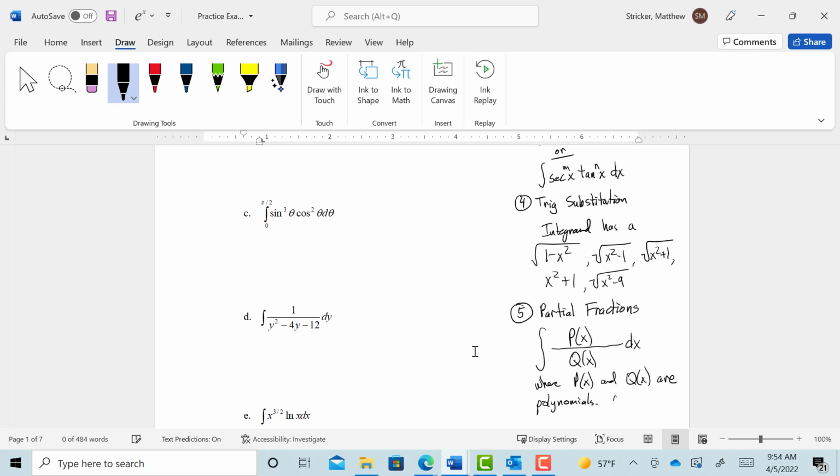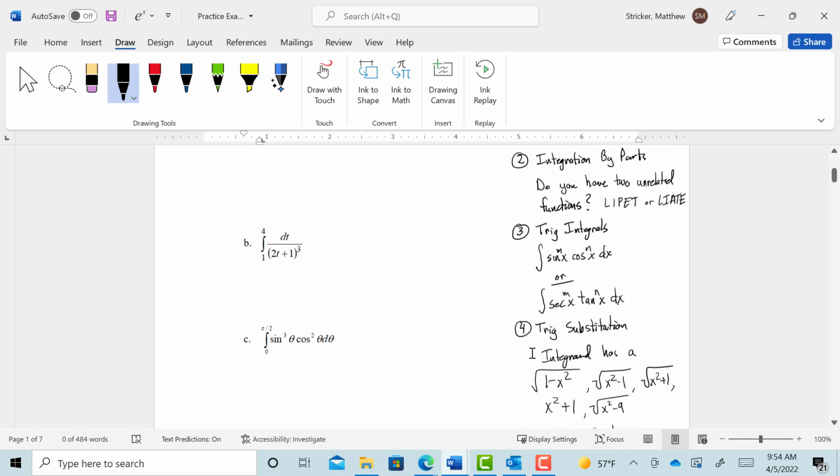An example of that could be something like, say, x plus 2 over x squared plus 3x plus 2. So that's a ratio of two polynomials. So then you're going to use partial fraction decomposition.